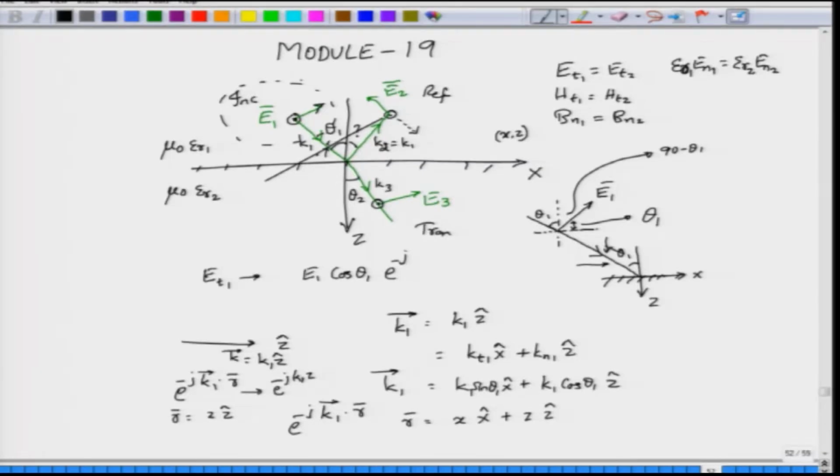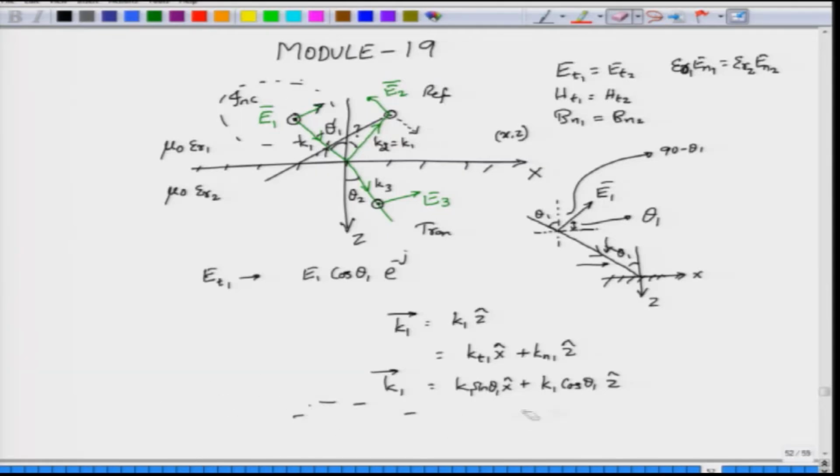So, what we have here is the position vector r given by x hat plus z hat. Now, I will erase here so that this can be written correctly. The phase factor corresponding to the incident wave would actually be given by e power minus j, k1 sin theta 1 x plus k1 cos theta 1 z.